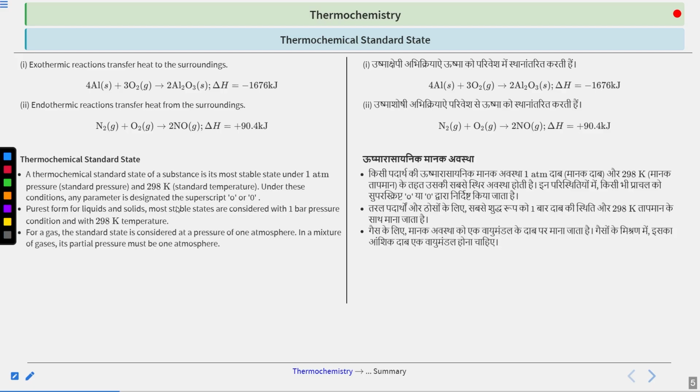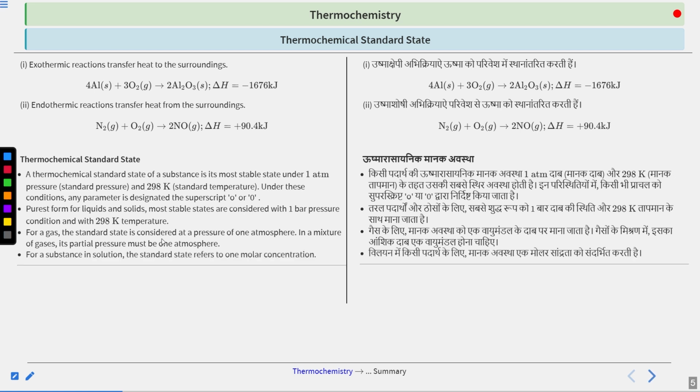Whereas if you are taking a gas, you keep the pressure at 1 atm, and if you are taking a mixture of gases, you keep the individual contribution of each gas at 1 atm pressure. Further, for a solution, we keep the concentration at 1 molar. So these are the ways we can take the standard state for different substances: solid, liquid, gas, or solution. Clear?